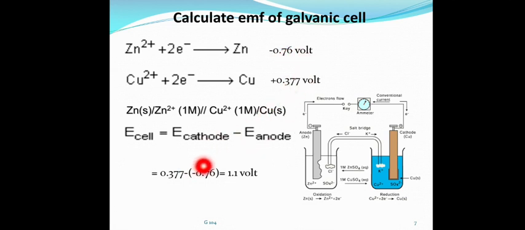So minus of minus 0.76 becomes plus. 0.337 plus 0.76 comes to 1.1 volts. That is the EMF of Daniell cell.